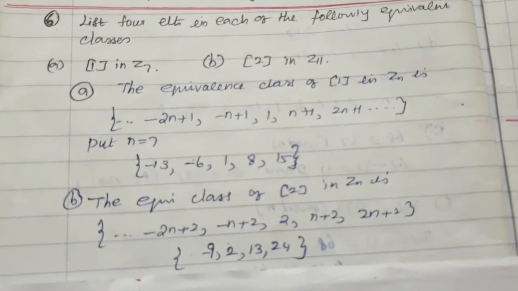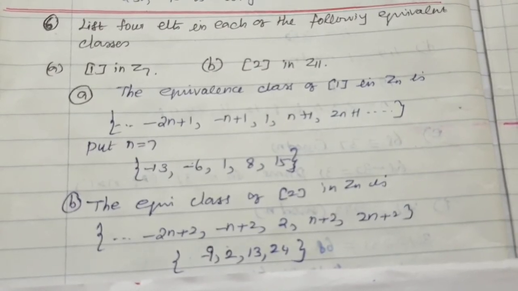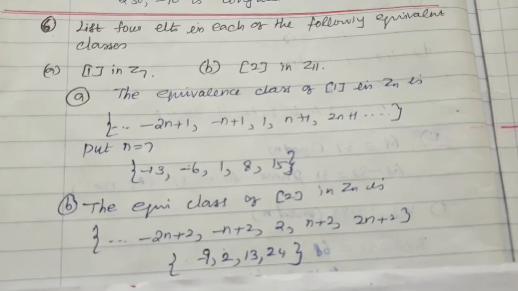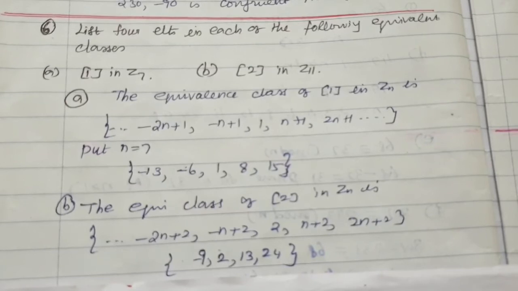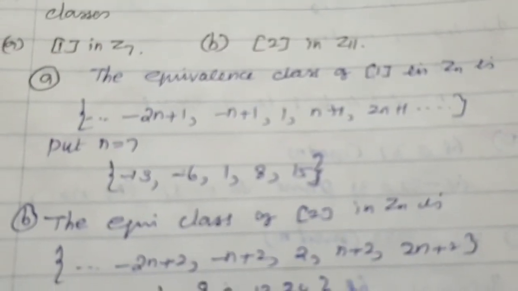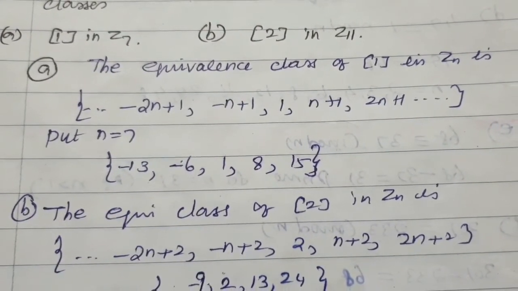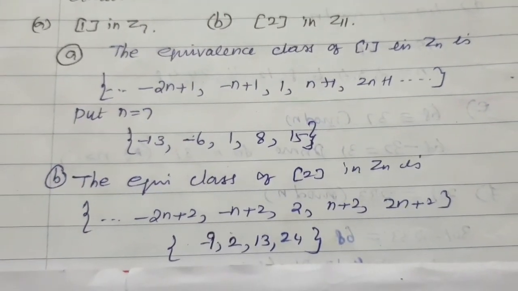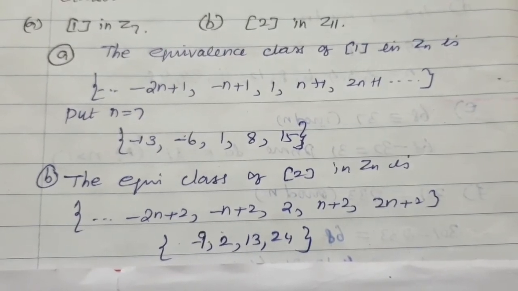So in the next problem they asked to list out 4 elements in each of the following equivalence classes. Equivalence class of 1 in Z7. We know that the equivalence class of 1 in Zn is the set of all minus 2n plus 1, minus n plus 1, 1, n plus 1 and 2n plus 1. Put n equal to 7 here.